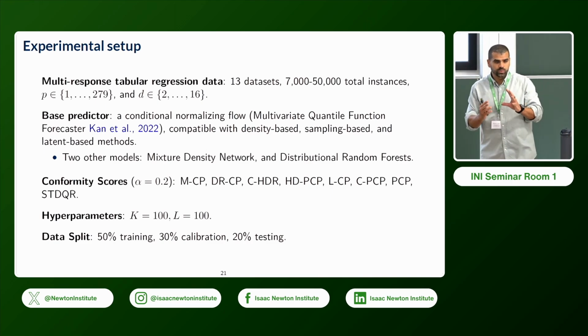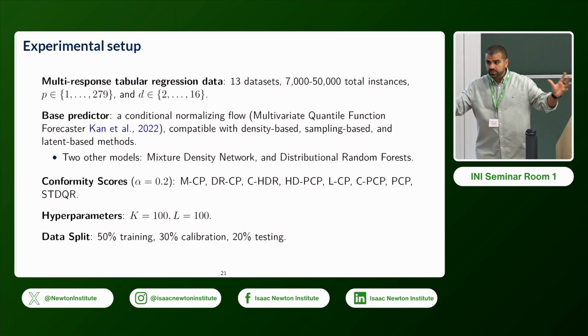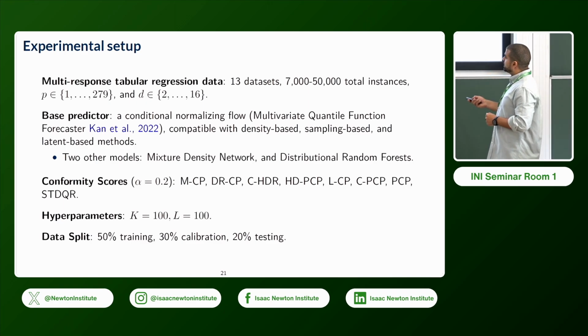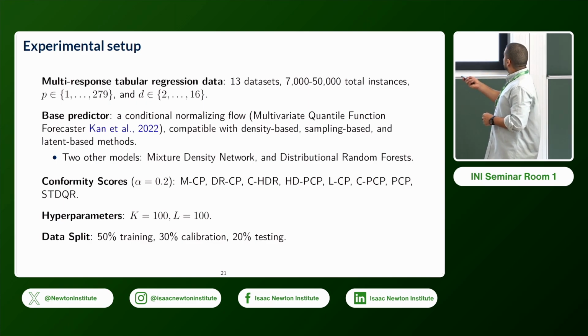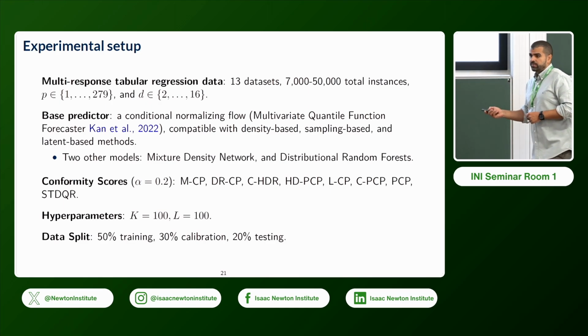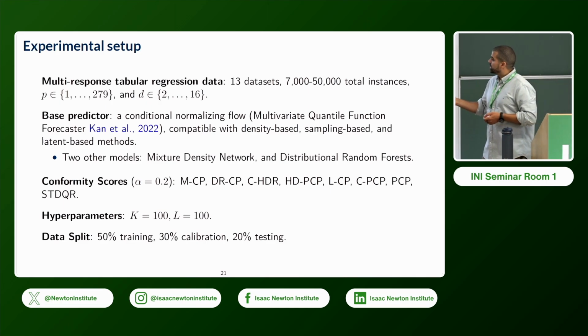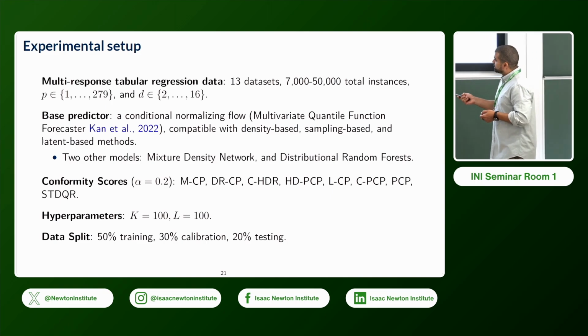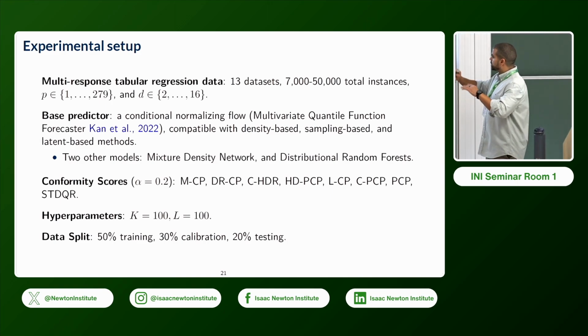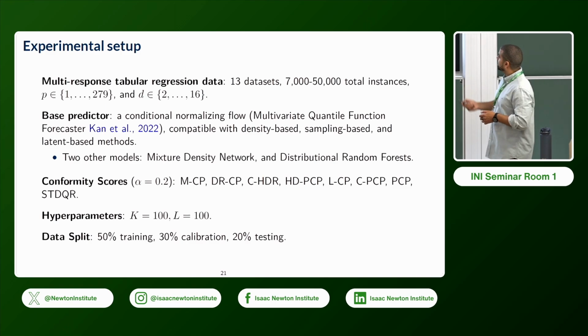This is important because we want to use the same model for all methods. We also considered other base models. The conformity scores were the ones I presented. Some methods have hyperparameters you need to sample. Here we sampled L values, and for the ECDF we also used 100. We split training, calibration, and testing.